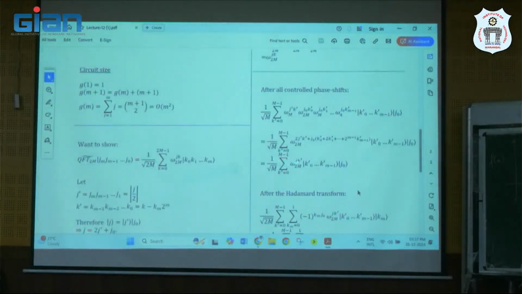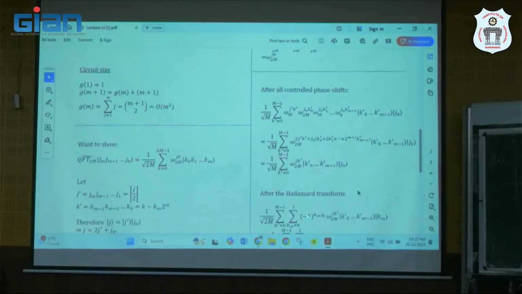So we got jk prime here, correct? So we got this stuff here. Now we'll do the last Hadamard transformation. Agreed? One last Hadamard transformation is left. The Hadamard transformation we are doing on J naught. Remember what was the formula? So this summation is coming out as it is. There is an additional summation introduced by the Hadamard transformation.